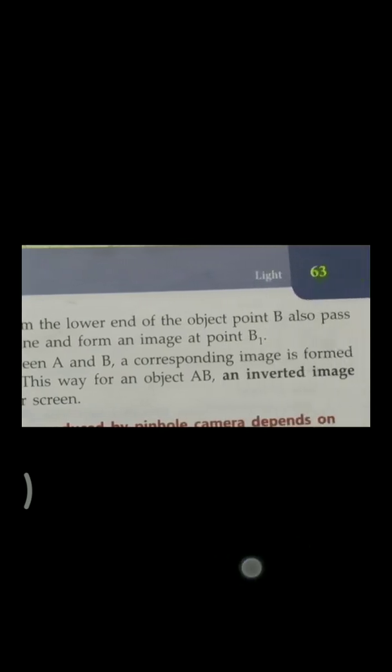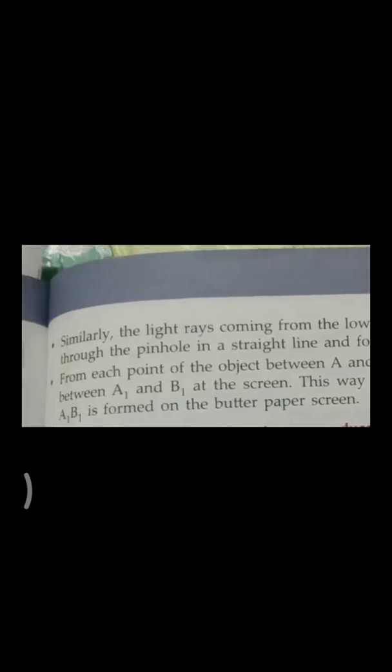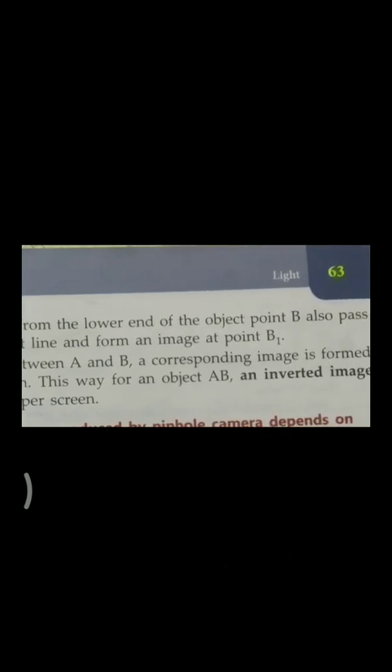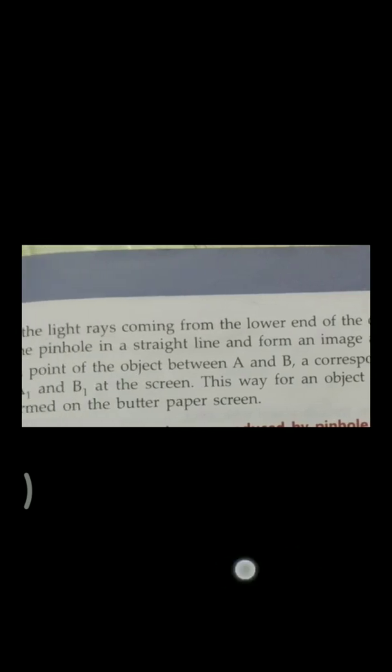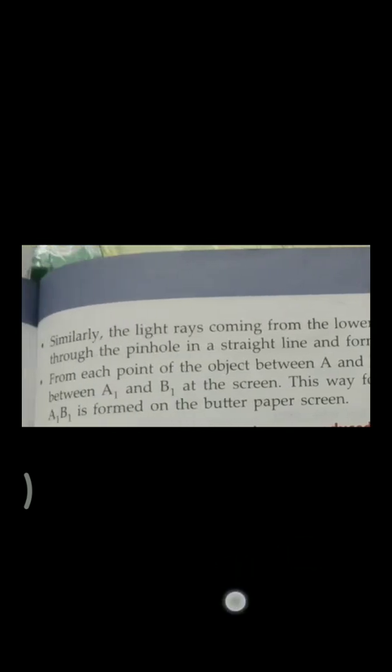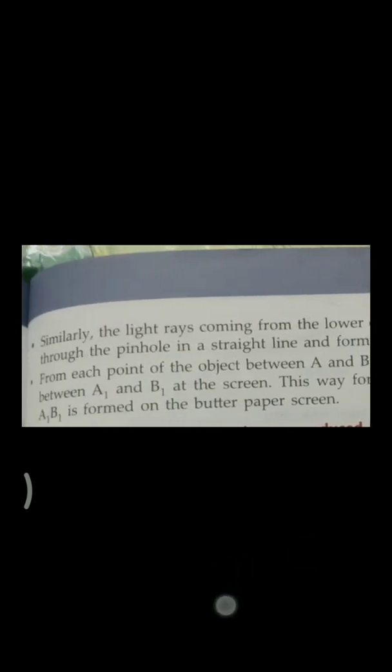From each point of the object between A and B, a corresponding image is formed between A1 and B1 on the screen. This way, for an object AB, an inverted image A1B1 is formed on the butter paper screen.